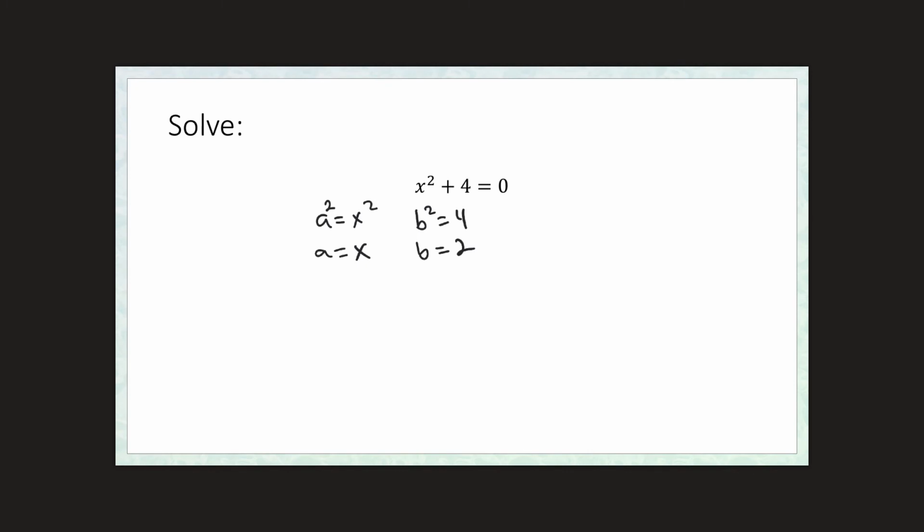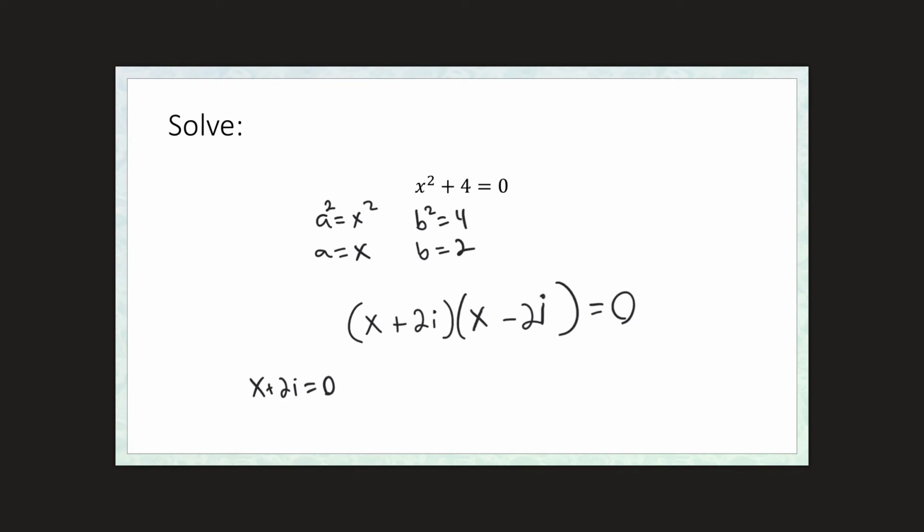Let's use the formula. So it is a plus bi and a minus bi. And that will equal 0. So the first part, the x plus 2i equals 0. Here we're using the zero product property.